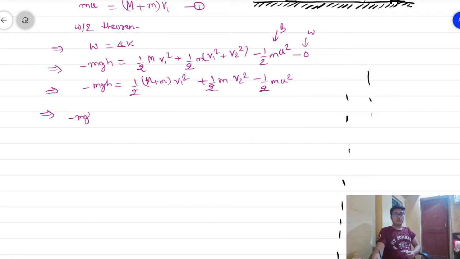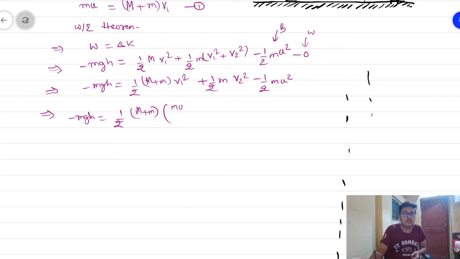Again, minus mgh equals half (M plus m) times (mu over M plus m) raised to the power 2, plus half m v2 square minus half m u square.